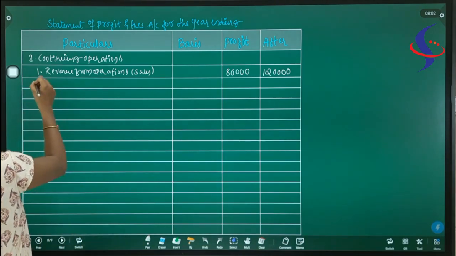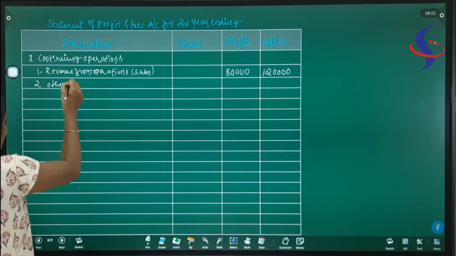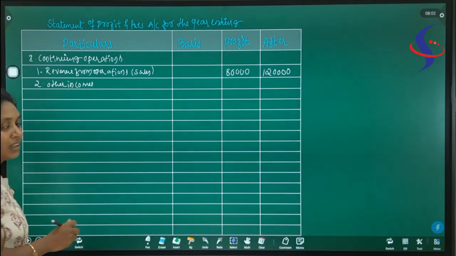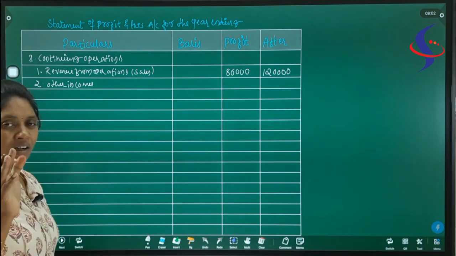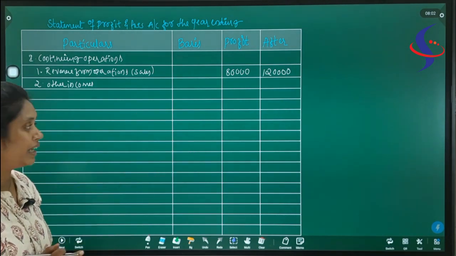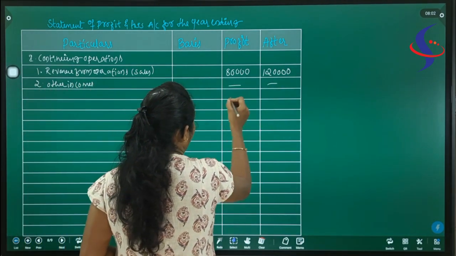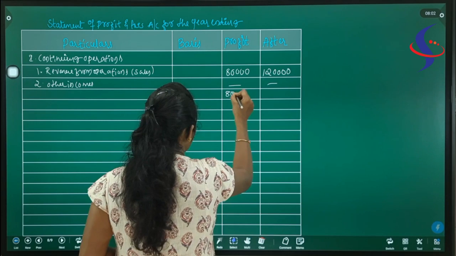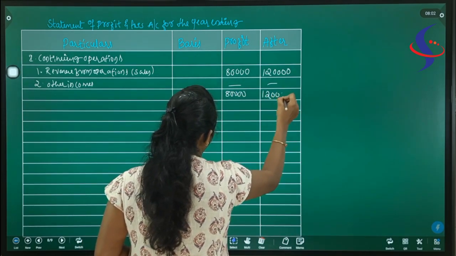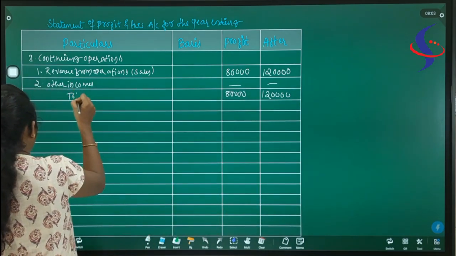Then the second point in the question is other income. Students, you can refer to the question. Sometimes other incomes will be given. Whatever it is, if it is a fixed item, divide using time ratio. If it is a fluctuating item, divide using sales ratio. But here there is nothing, so we'll keep it as it is. Now the total revenue is 80,000 and 1,20,000. This is total revenue.